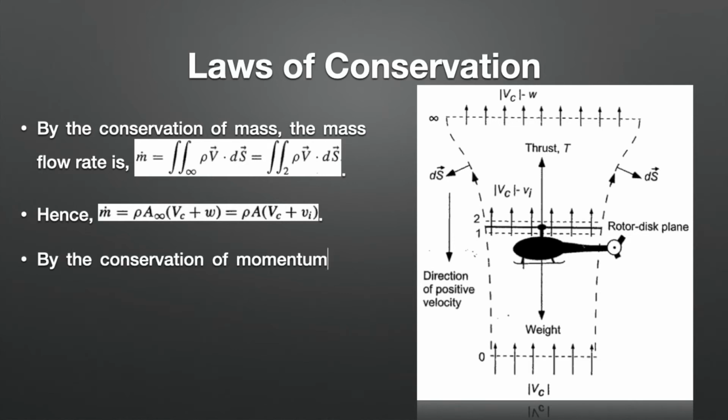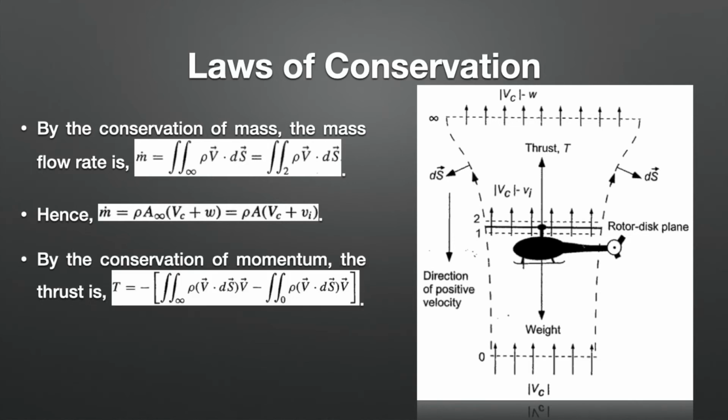By the conservation of fluid momentum, which gives you the equation for thrust, T is equal to minus double integration rho V dS into V minus double integration at the position 0 rho V dS into V. You can observe here the negative sign.